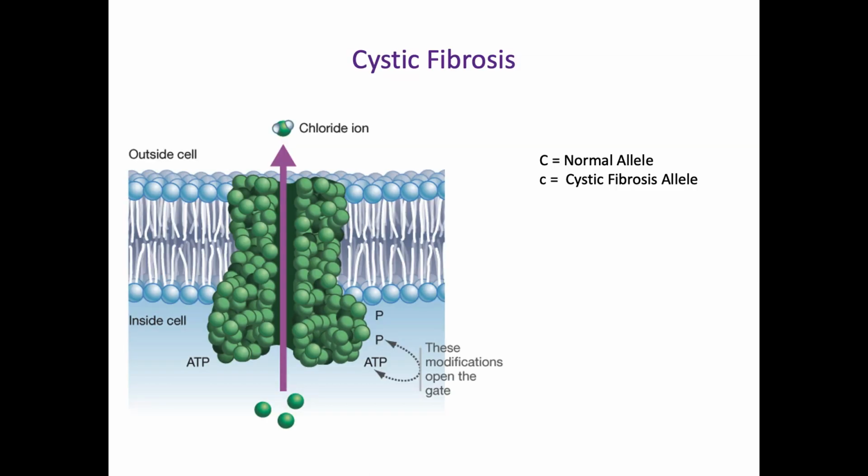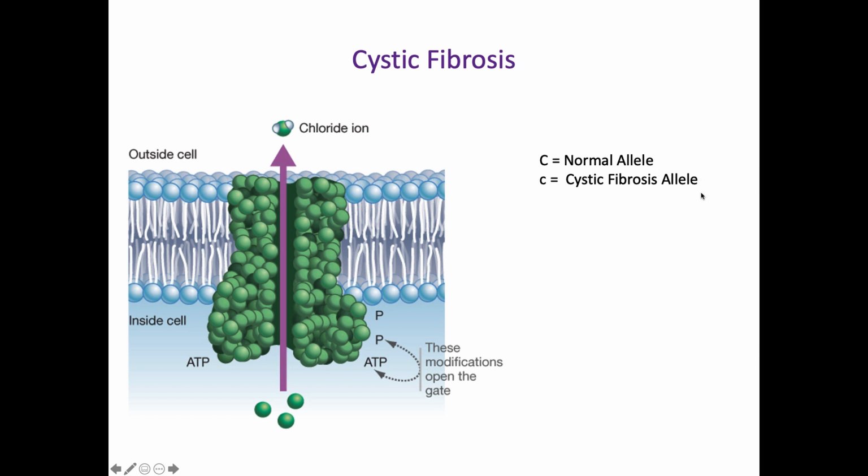For example, we've already talked about cystic fibrosis in this course, and you'll remember that the cystic fibrosis gene codes for a channel protein, shown here. And this channel protein allows chloride to move through it, so it's a chloride channel. The normal allele for this gene is a dominant allele, and it is dominant over alleles that cause cystic fibrosis.